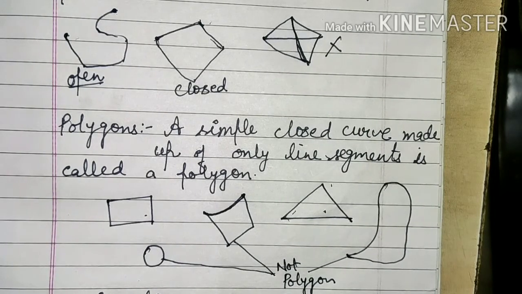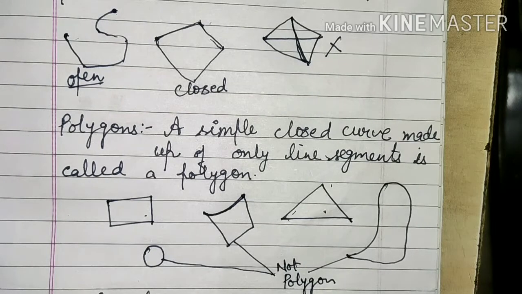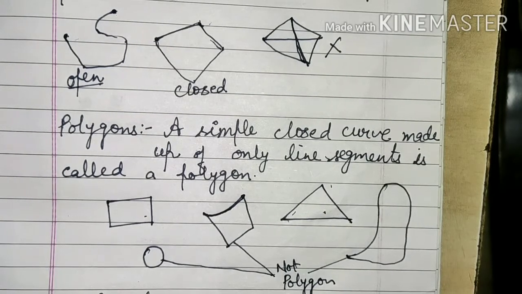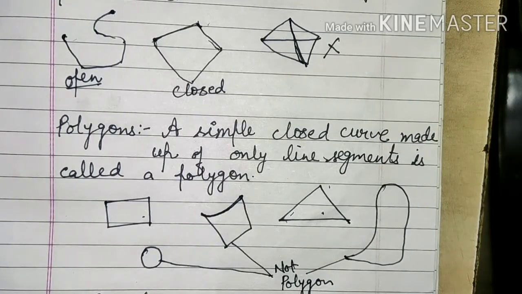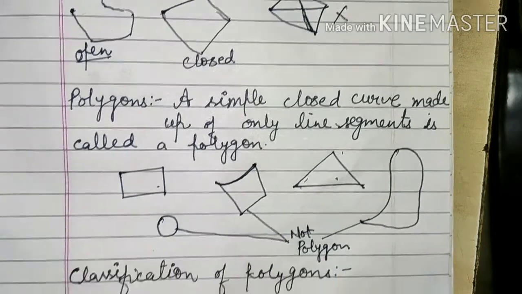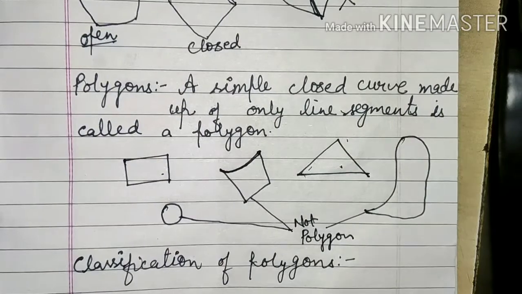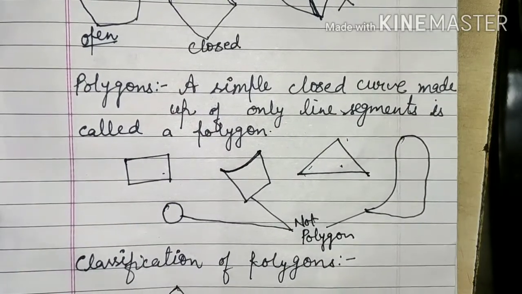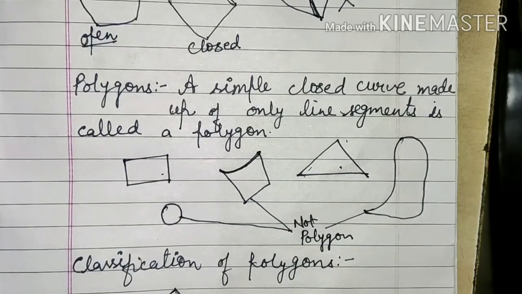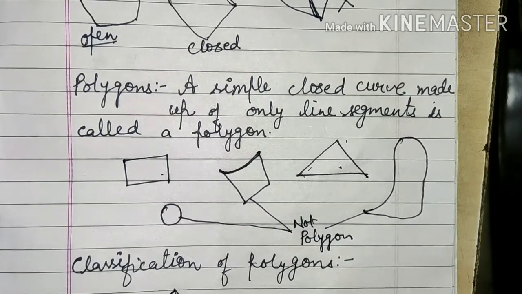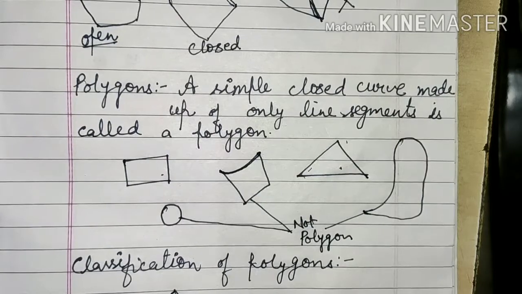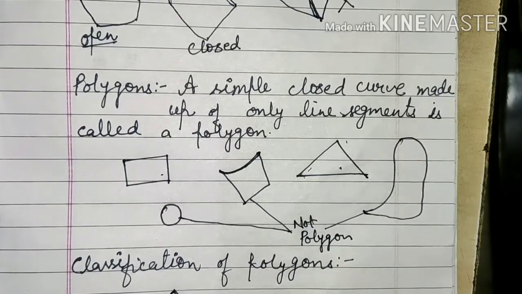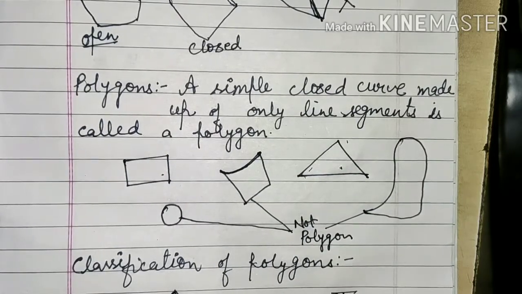Now we have the classification of polygons. Polygons start from three sides. A polygon of three sides is known as a triangle.